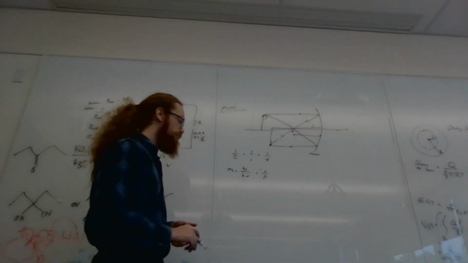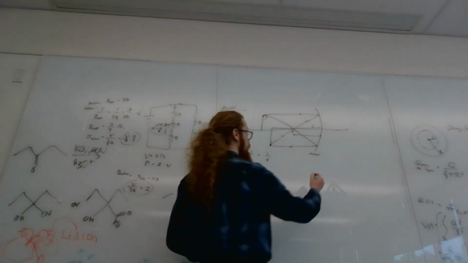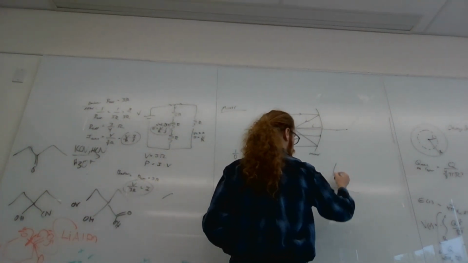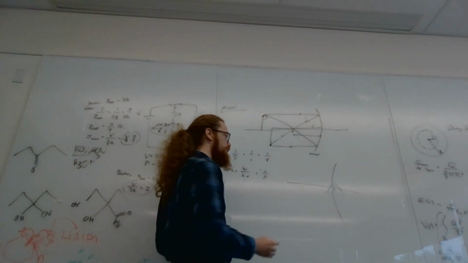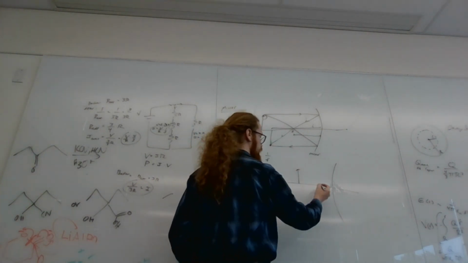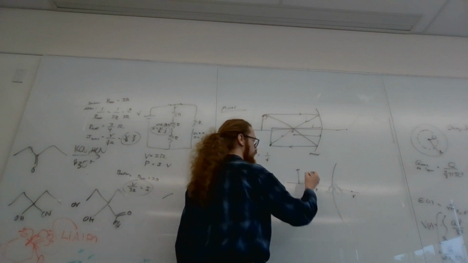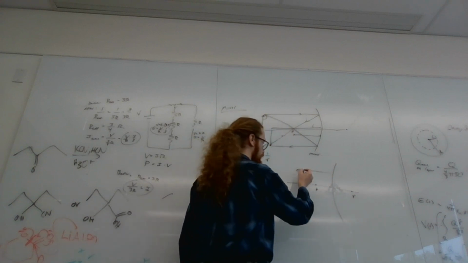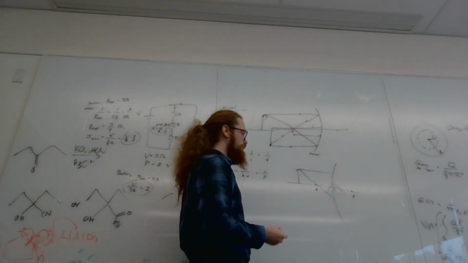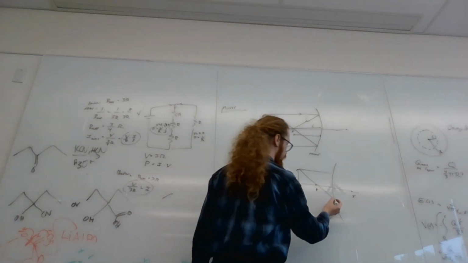Okay. So we can do the exact same thing with a convex mirror. In which case, we've got a parallel ray and a focal ray. If something comes in on the focal, it comes out parallel.